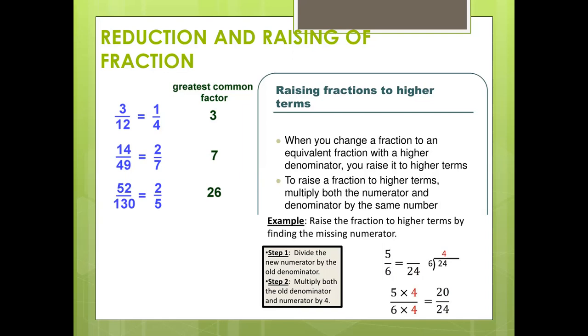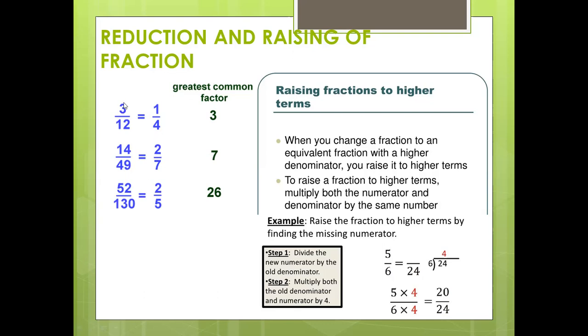To reduce a fraction to its lowest term, both numerator and denominator should be divided by their greatest possible common divisor, or what we call the GCF, our greatest common factor. So this is how we are going to reduce fractions.